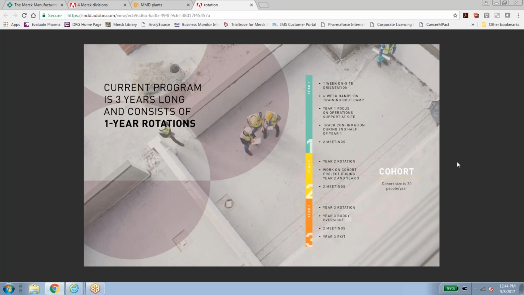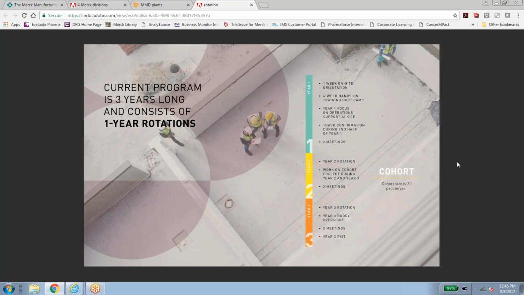So the Merck Production Systems boot camp will actually have you assigned to a production line, and you'll have a Merck Production Systems coach working with you, and you will be doing real-time improvements on a line through multiple cycles during this 6-week period, so that this training really enables you to then go into your operations area and hit the ground running in your first assignment.